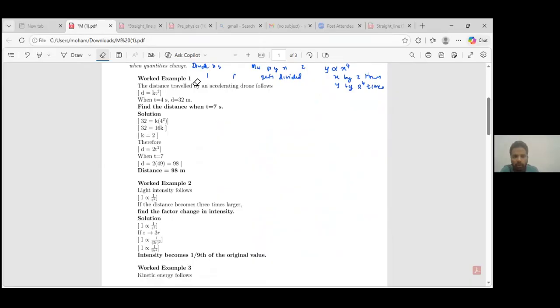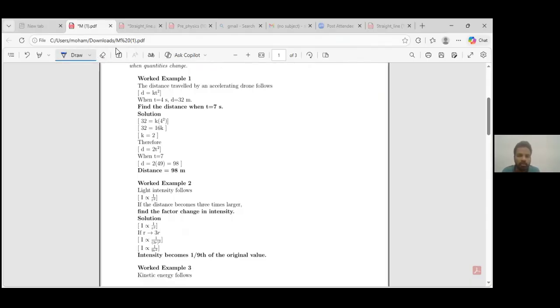Just by looking at the relationship, you can see d equals k, where k is a certain constant, times t squared. From that you can understand that d is proportional to the square of t. D depends on the square of t.